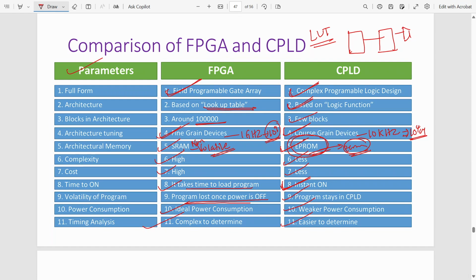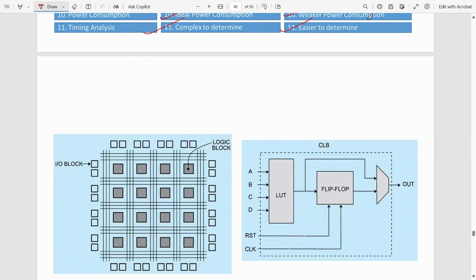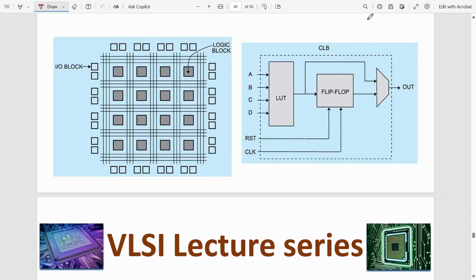So this is about the comparison of FPGA and CPLD. If you see, these are CPLDs which have lookup tables. This is the logic block, this is the interconnect, and these are the output connections. You have a lookup table, flip-flop, and mux. This is one configurable block.